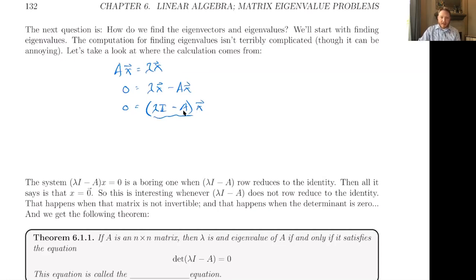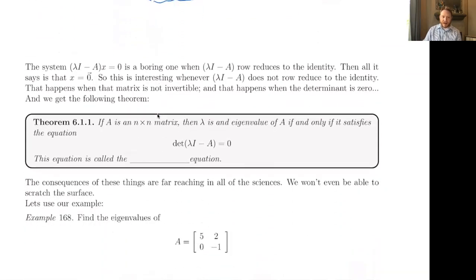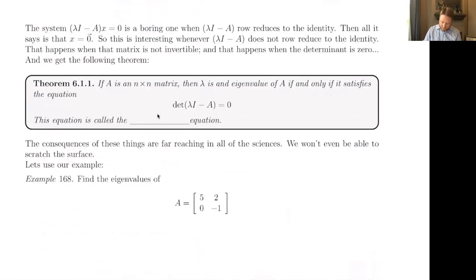So I want to find out when lambda I minus A does not row reduce to the identity. I want to know when this thing is not invertible, which is another way of saying I want to know when it has determinant 0. And that's where this comes from.